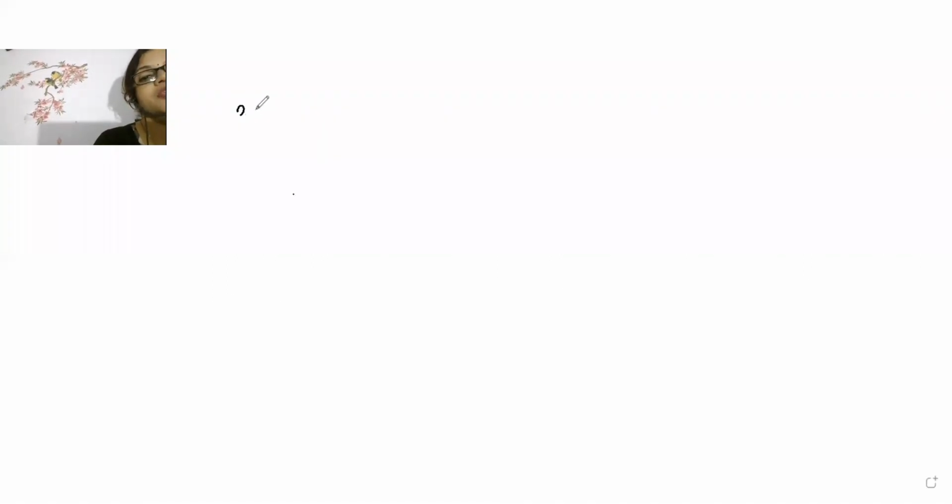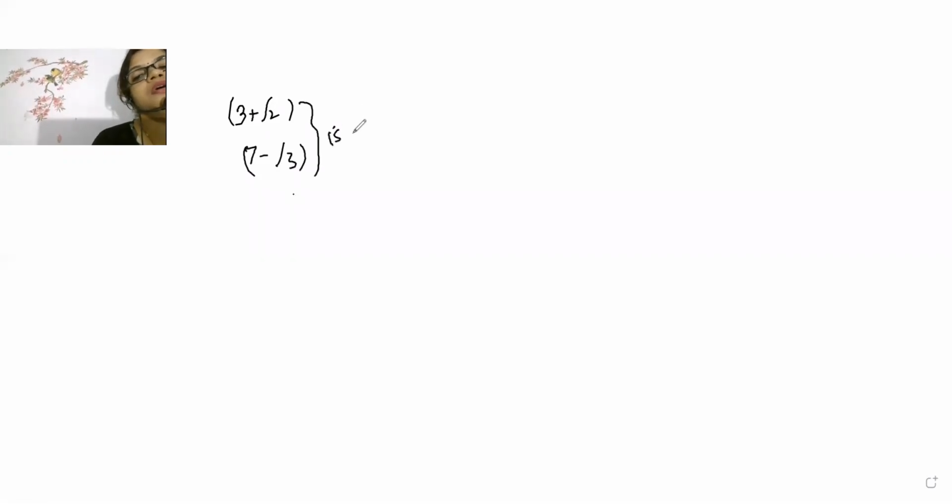Prove that 3 plus root 2 is irrational and prove that 7 minus root 3 is irrational and 3 plus root 5 is irrational. This is your homework. You have to do it.